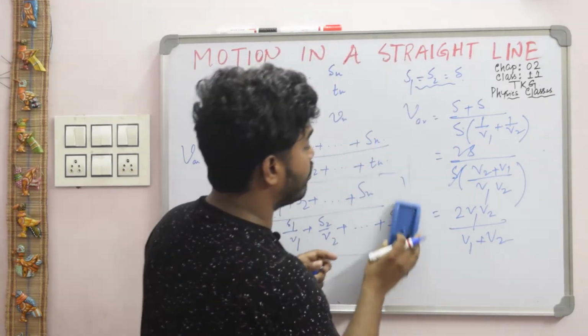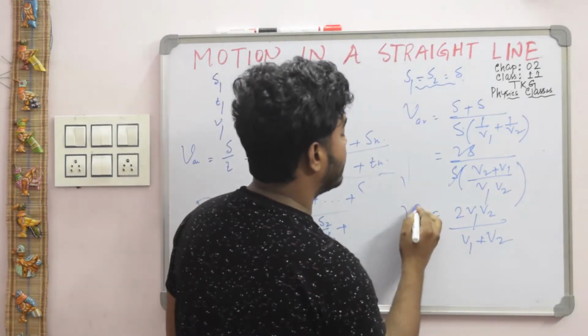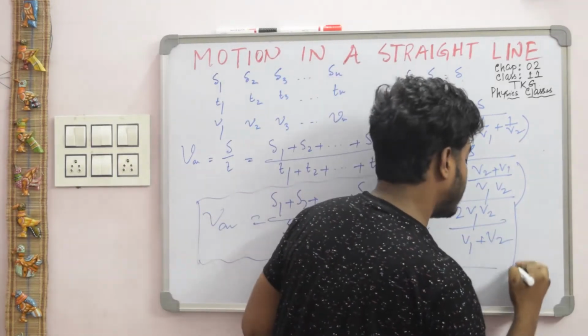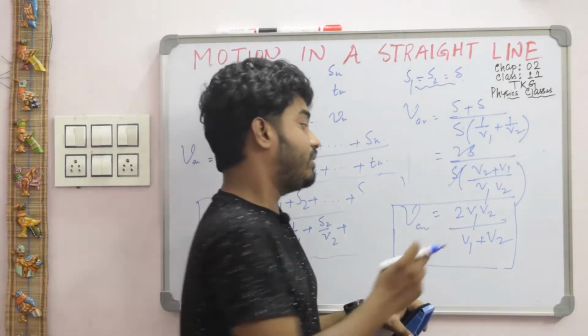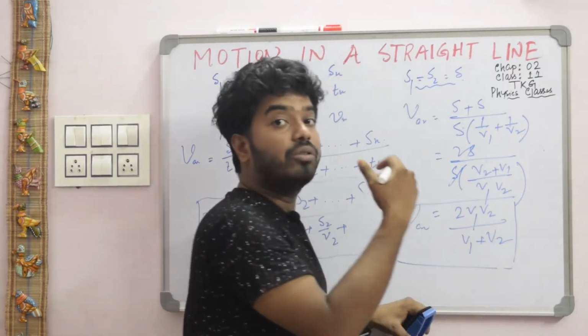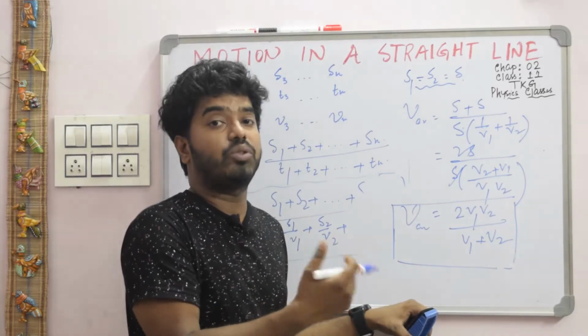So this is the formula for calculating average speed when the distance travelled by the body is equal, and this is the formula for travelling two distances s1 and s2.